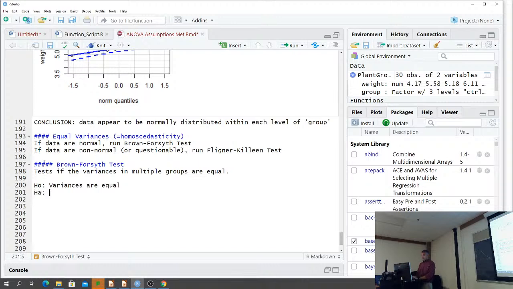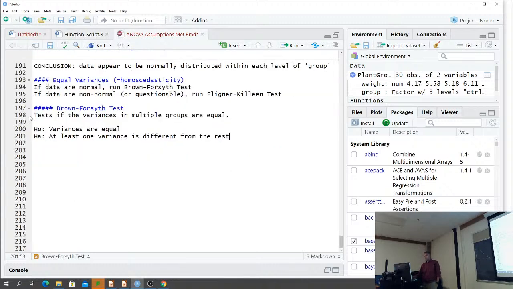Our alternate is that at least one variance is different from the rest. Now, this is similar to ANOVA, but it's with variances. But unlike ANOVA, we don't care to find out which variance is different. We're just using this to determine if our assumptions of ANOVA are met.